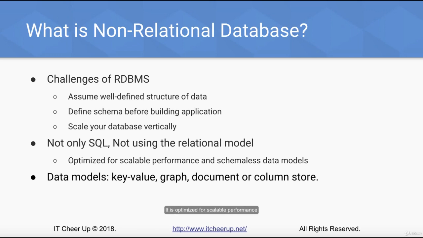It is optimized for scalable performance and schema-less data models. NoSQL databases are also widely recognized for their ease of development, low latency, and resilience. NoSQL databases use a variety of data models, including column, document, graph, and in-memory key-value stores.